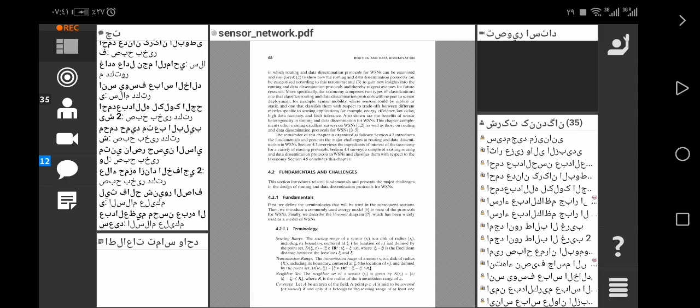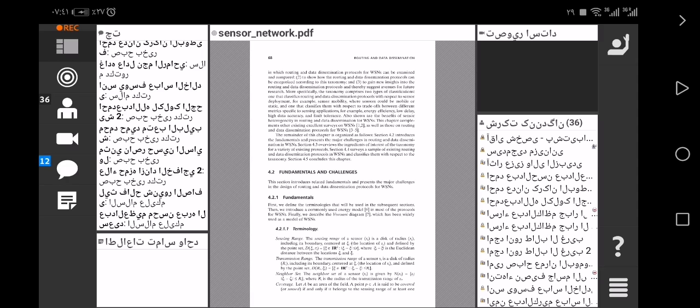And again, this is a disk-like area, but the radius for transmission is capital Ri. For sensing it is small ri. For transmitting it is capital Ri. Okay.